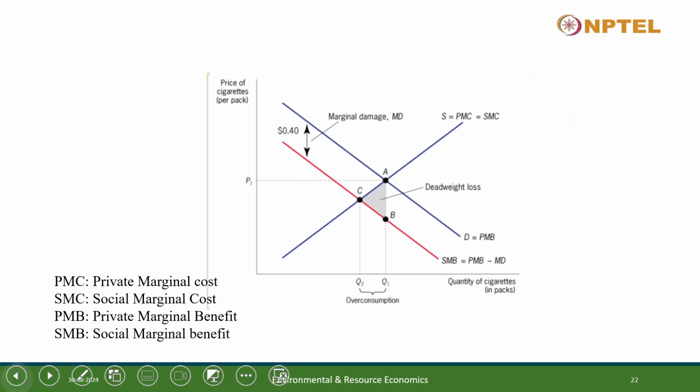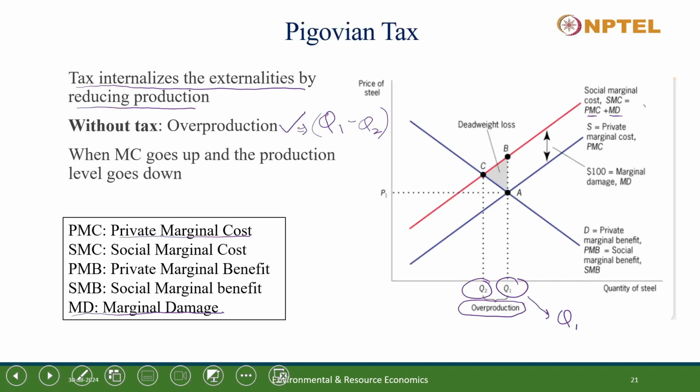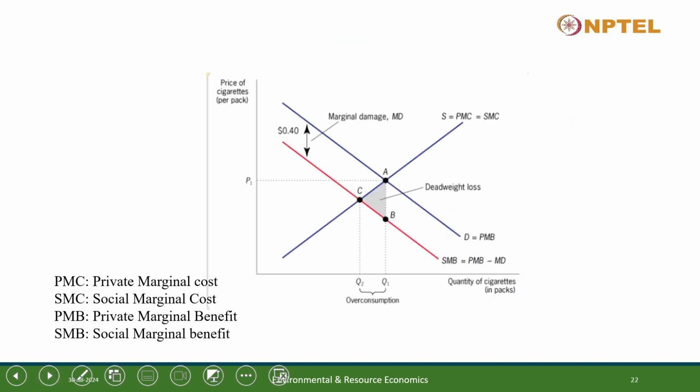Now let's say that this is for the producer, the firm which is producing certain goods. Now we have to find the marginal benefit curve for the consumer. Let's say initially your demand curve is this blue line without consideration of environmental degradation.